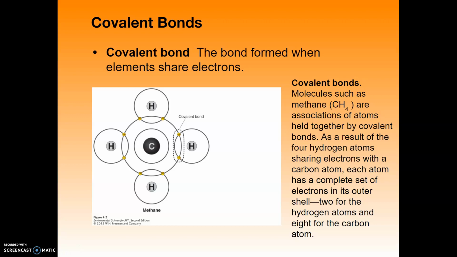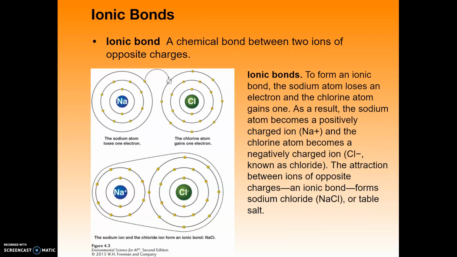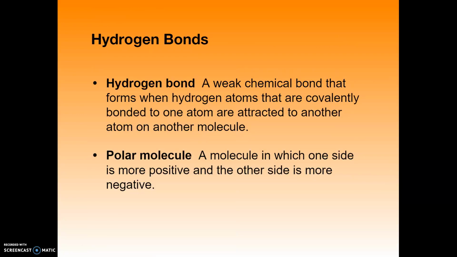This slide here shows how those electrons are formed. I'm not going to spend any time here other than tell you you can pause it and look over this if you want. Ionic bonds literally give or donate an electron. The metal usually does this and donates one or more electrons to the non-metal, forming ions.